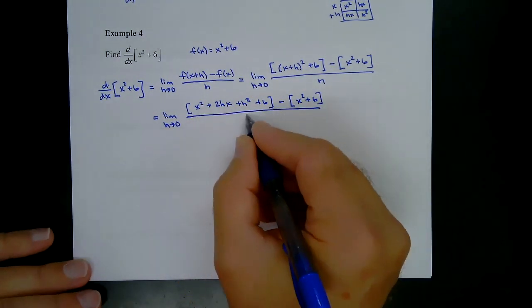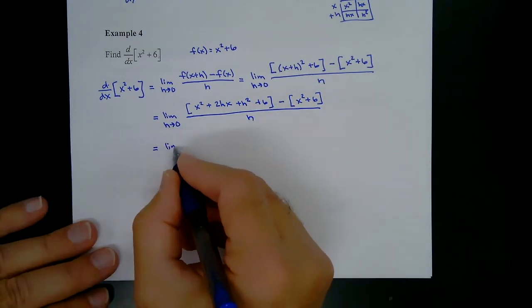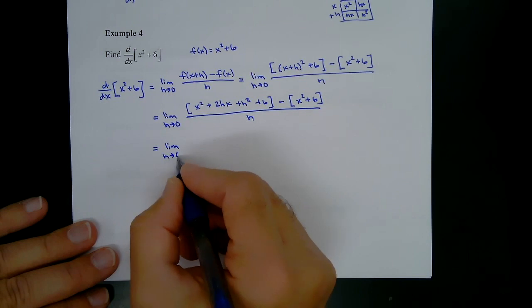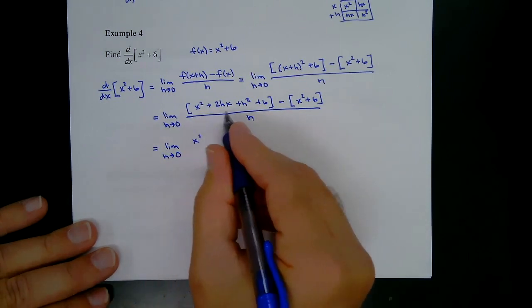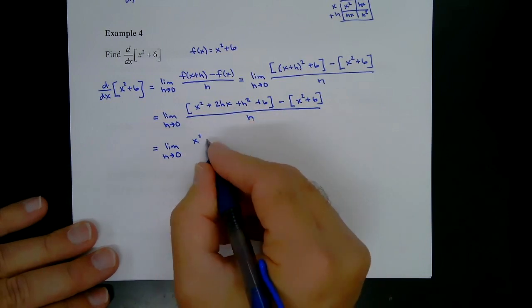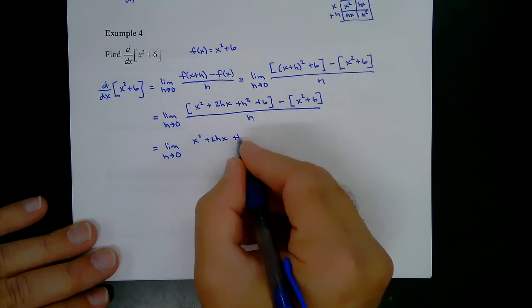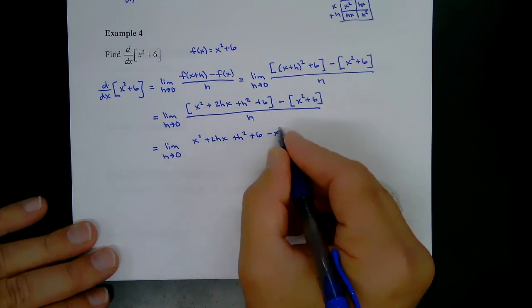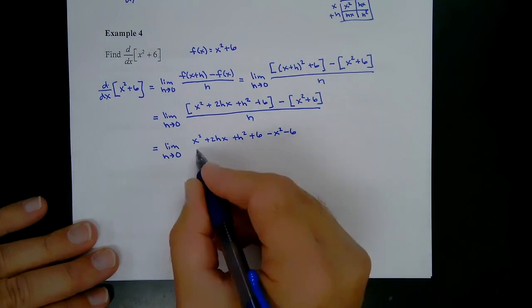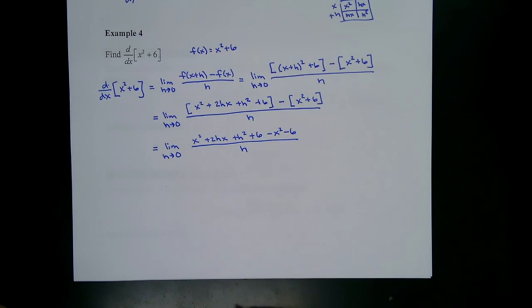all over h. And so this is equivalent to the limit as h approaches 0. And this is x squared. There's nothing we can do to clean this up anymore. So x squared plus 2hx plus h squared plus 6 minus x squared minus 6 all over h. And some things are going to cancel out.